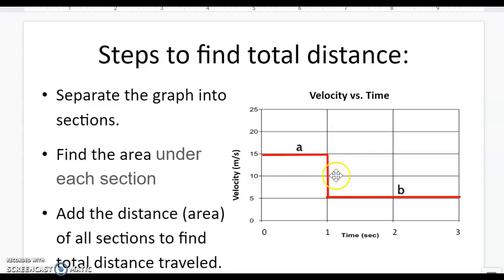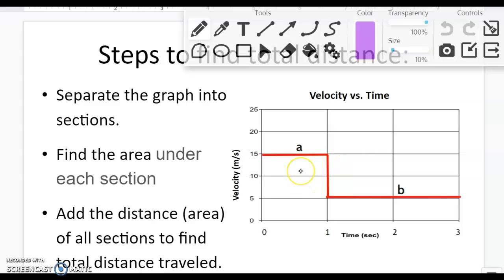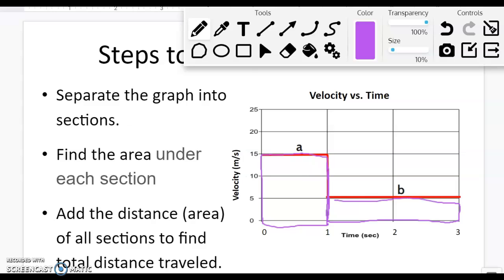And so we can take this part and separate it right down here so that we end up having two rectangles, one right here and the other one right over here. And we have to find the distance by finding the area of those rectangles.